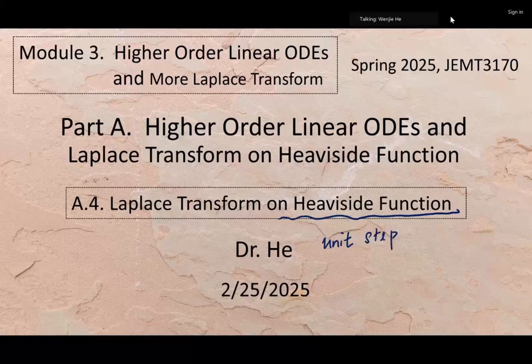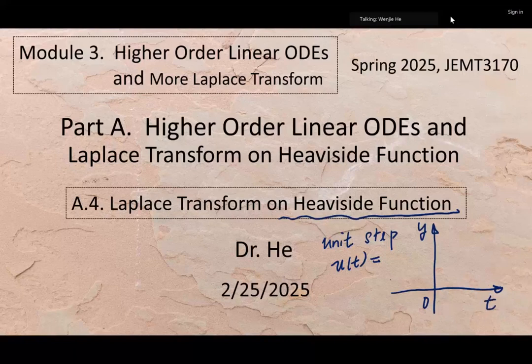So if I draw a graph of this function, its graph is very simple. Usually people use the u function, u of t. Here I should use the t-axis.